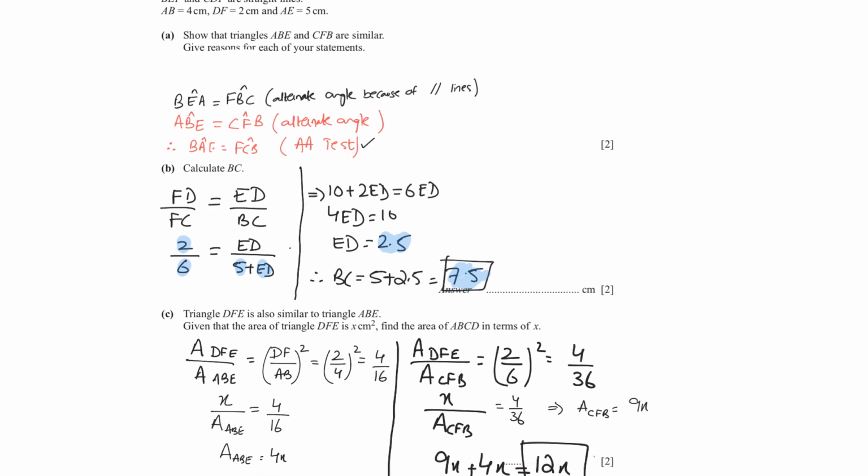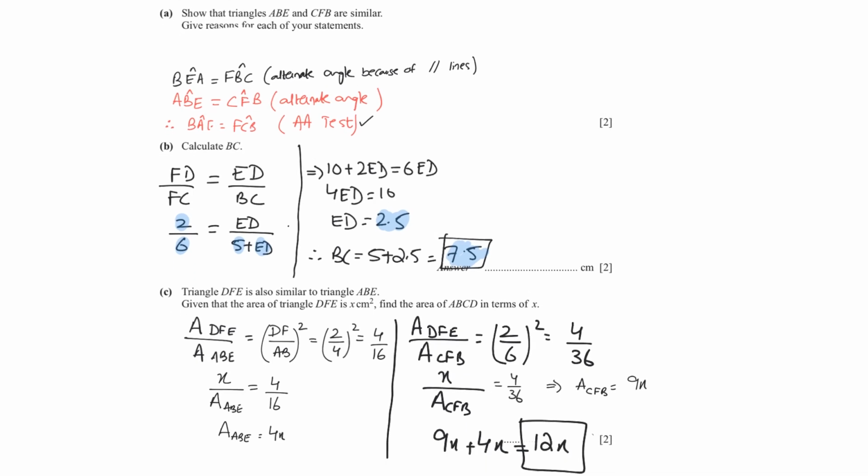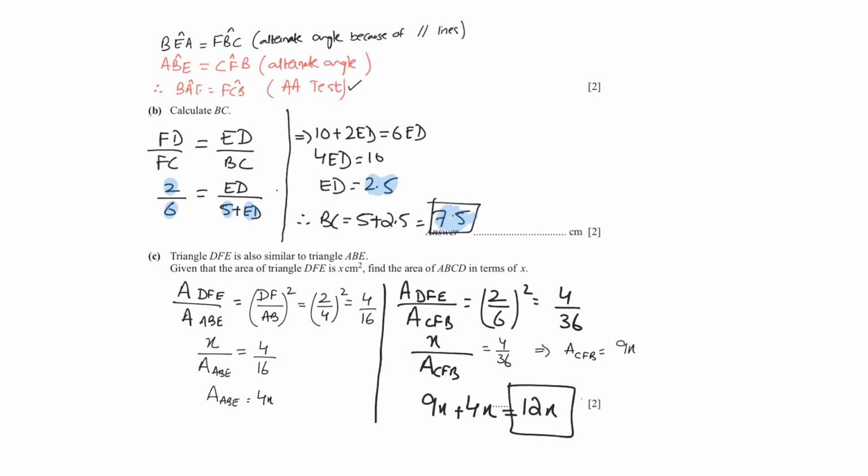You have been given that the area of DFE is x centimeter square. You need to find the area of ABCD in terms of x. So, first of all, find the ratio of the area of triangle DFE and area of triangle ABE.